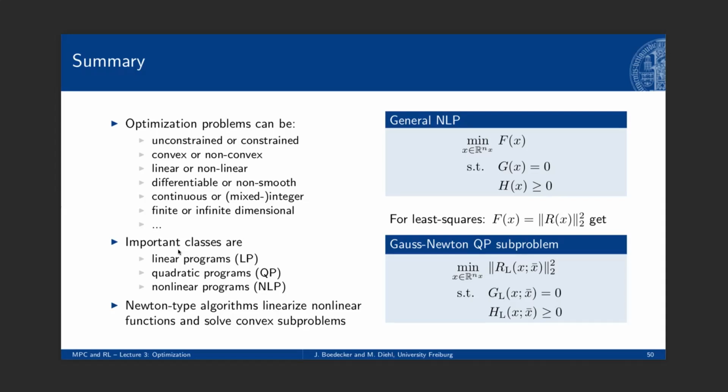And if you want to keep something for the next lectures, look at the right, and that is that a general NLP would be stated like this with big F, G, and H, right? So that's what we want to solve all the time, also in optimal control. And in this very special case, which sounds a bit special, but which is actually extremely common in practice, of nonlinear least squares, where your function f is actually the sum of squared residuals, please remember this Gauss-Newton QP subproblem.